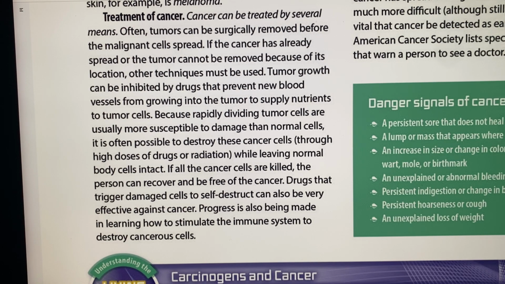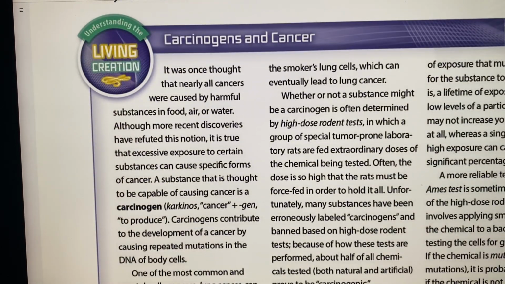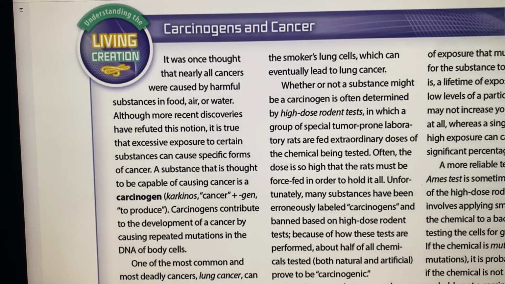What is a carcinogen now? A carcinogen is a substance that causes cancer. Smoking cigarettes, we know, are carcinogens, and they cause mutations in our DNA, especially in the lungs, but other parts of the body too.